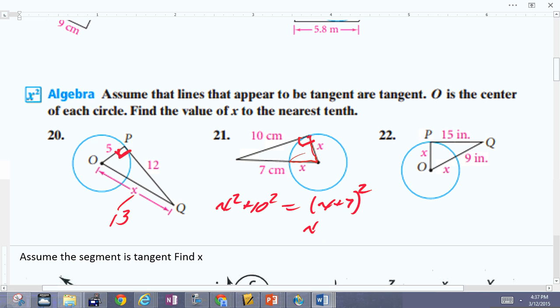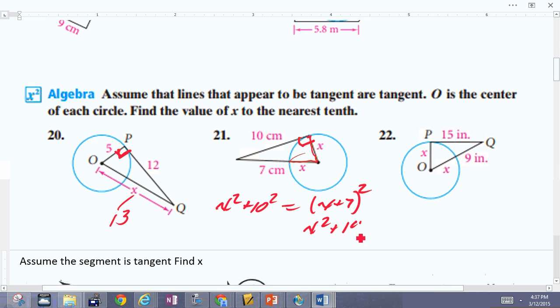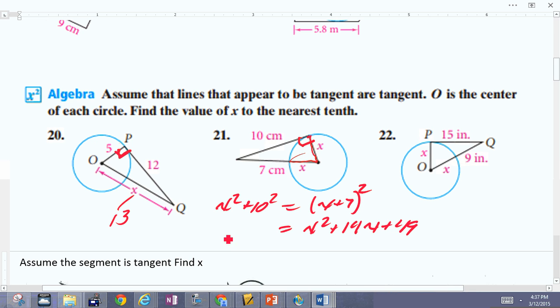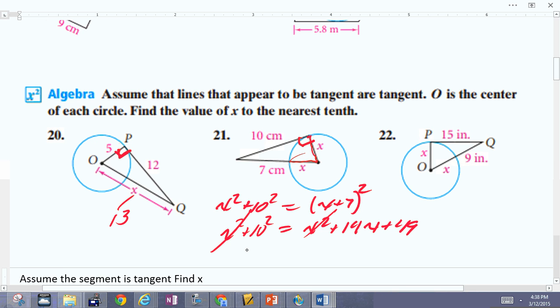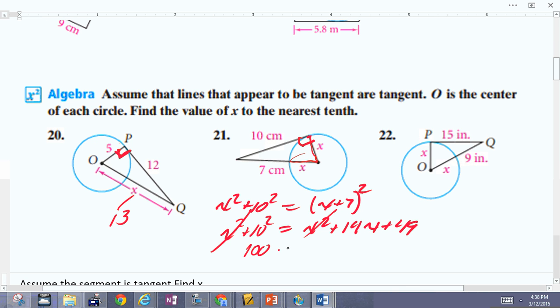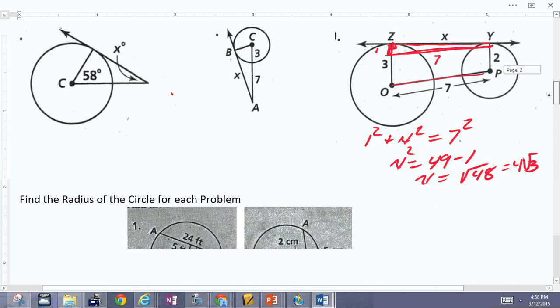Okay, that becomes x squared plus 14x plus 49 equals x squared plus 10 squared. Looks like we'll lose the x squares. 10 squared is 100, is equal to 14x plus 49. That certainly you can figure out. Not a big deal.